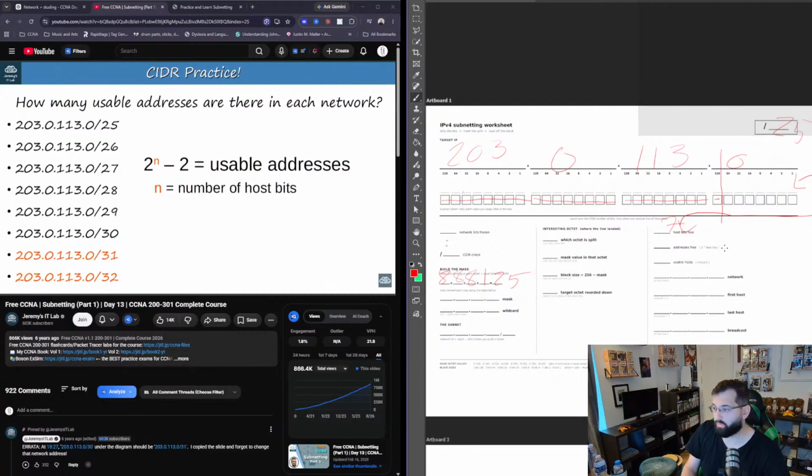So now if we want to calculate the usable addresses, it's going to be 2 to the power of 7, minus 2, because we have to subtract the network and we have to subtract the broadcast. So what's 2 to the power of 7?